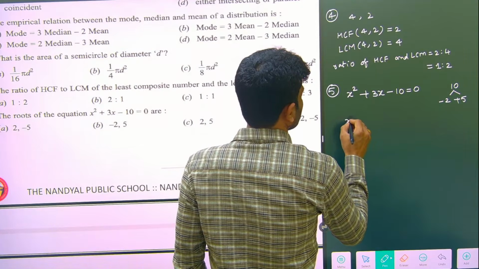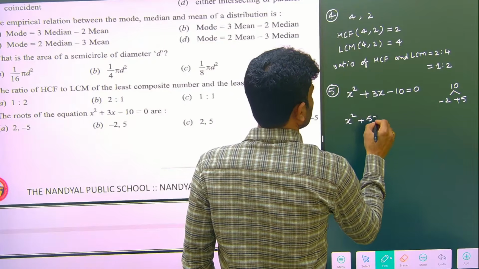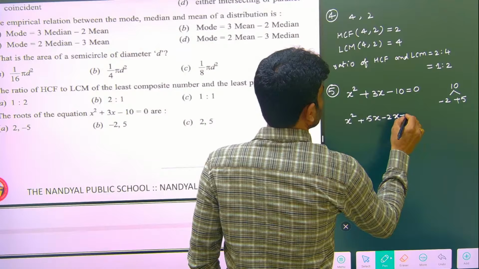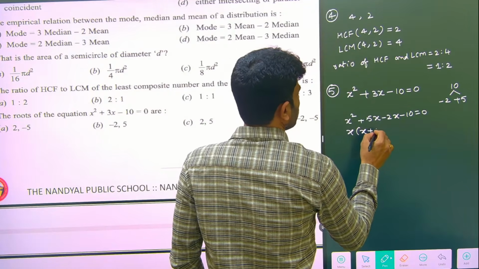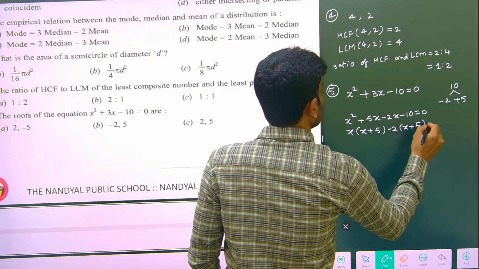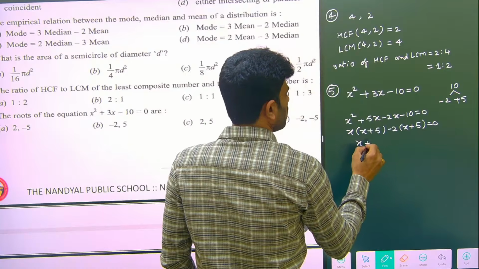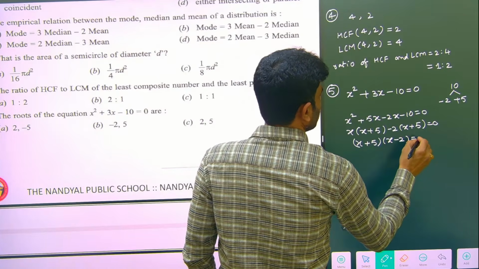So here it is going to be x square plus 5x minus 2x minus 10 is equal to 0. x common, x plus 5, minus 2 common, x plus 5. So x plus 5 into x minus 2 is equal to 0.